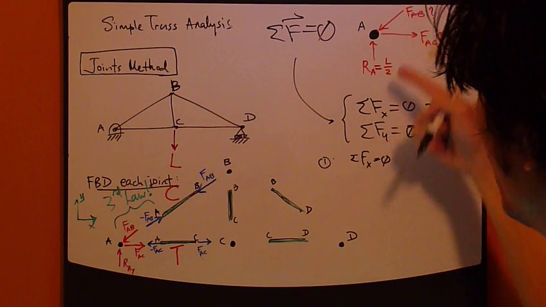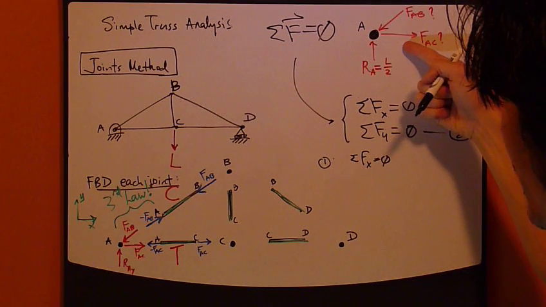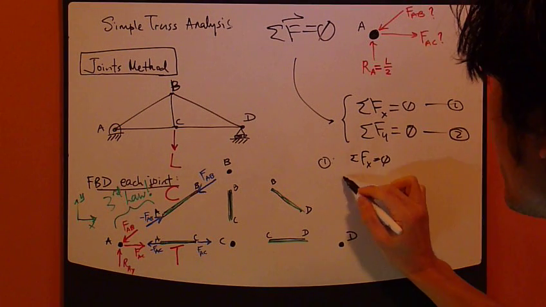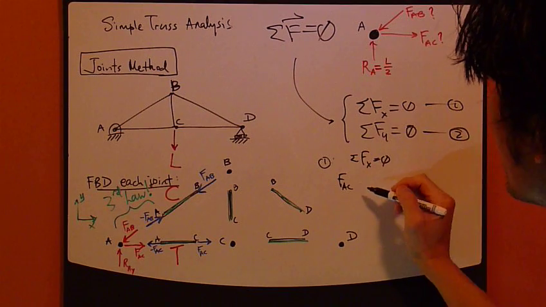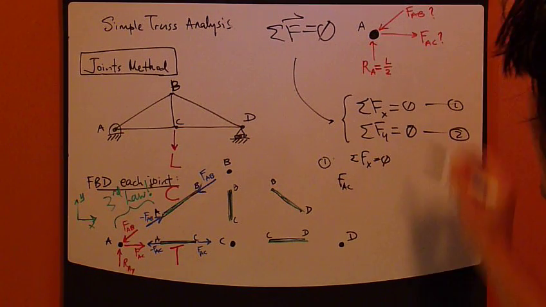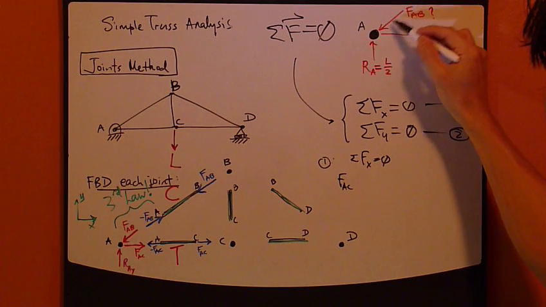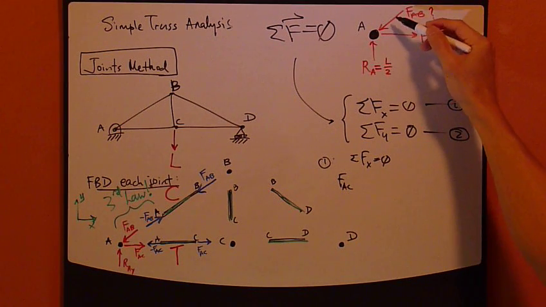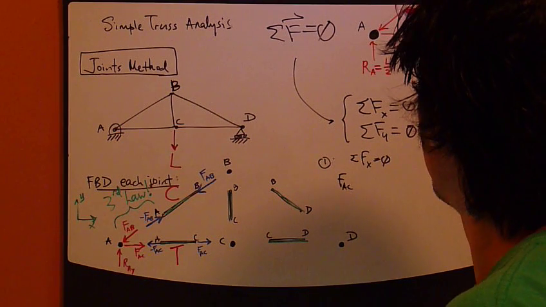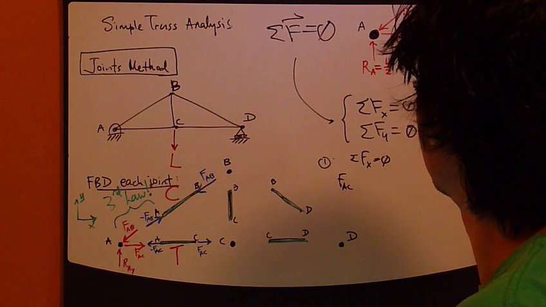Left-hand side, what do we have? Just look at all the forces in the x direction. Now I have FAC. FAC points to the right, so it's a positive number. What else? Well, I have FAB x component. So I'm going to draw the component.